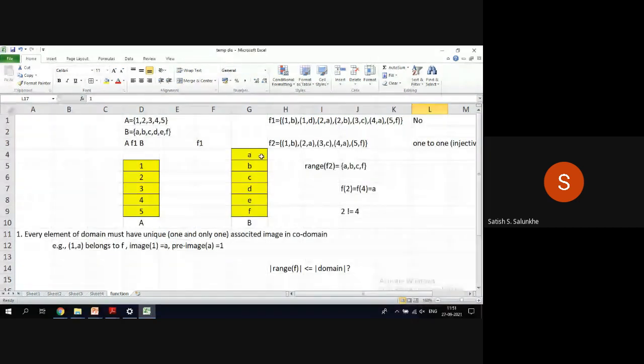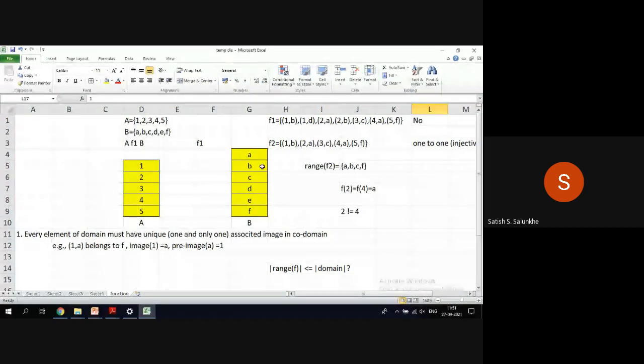See here, these are the images. Every image of this function must have a unique pre-image in domain. If it satisfies this, then we say it is a one-to-one function.